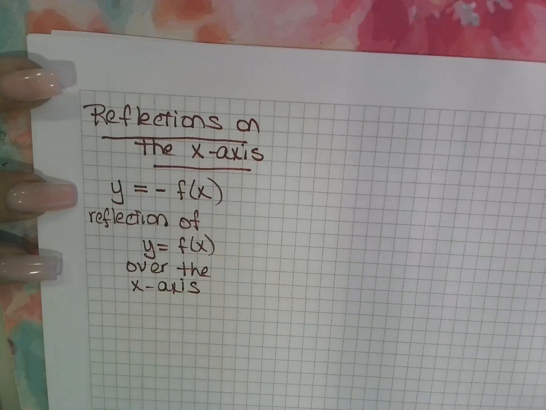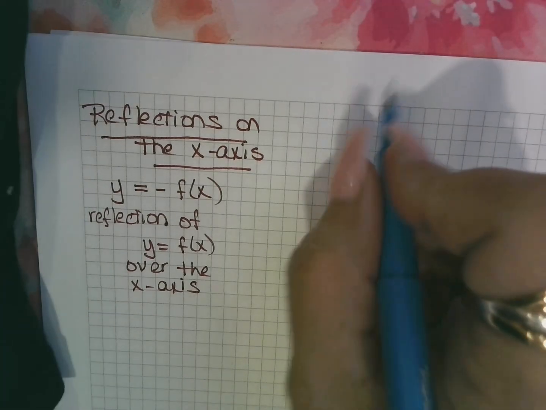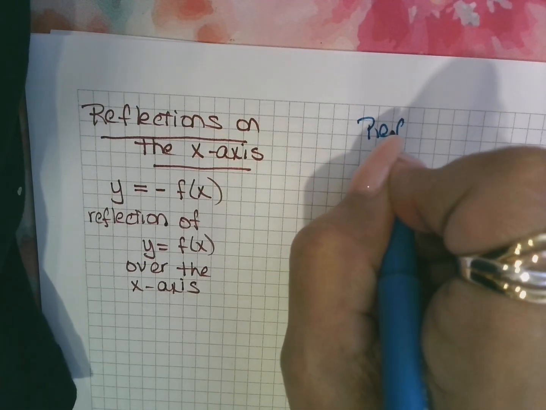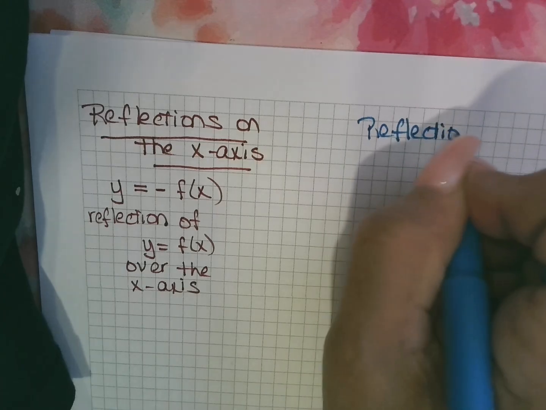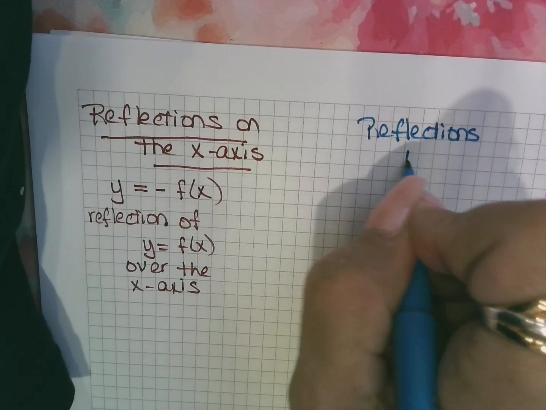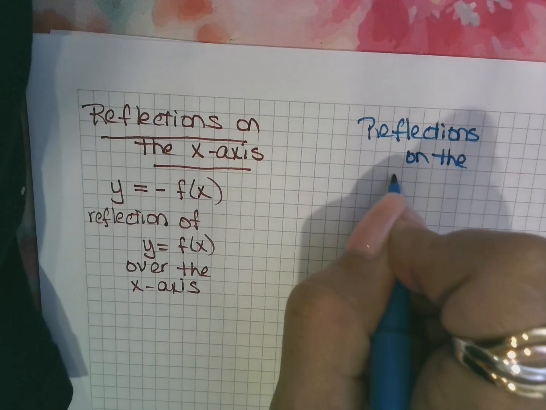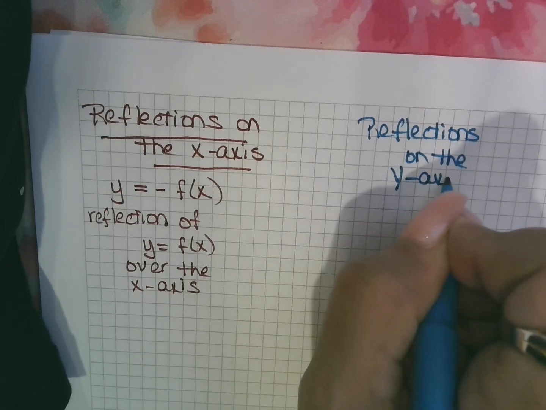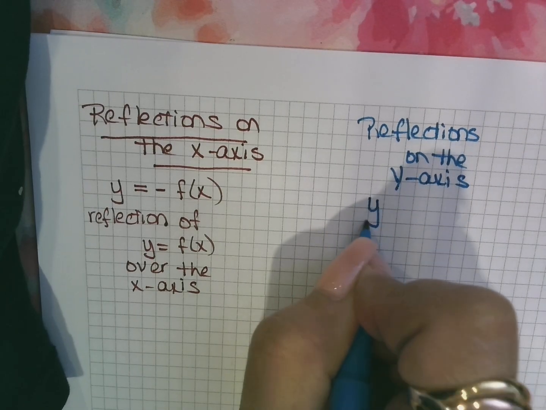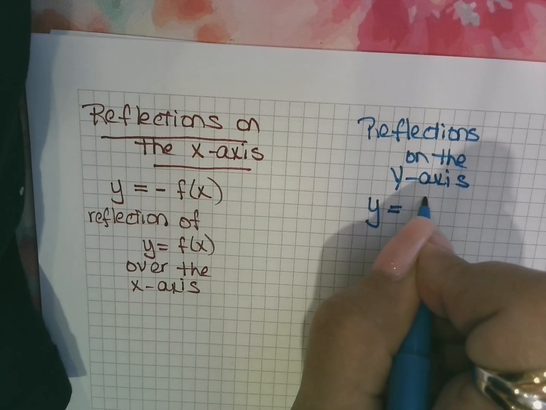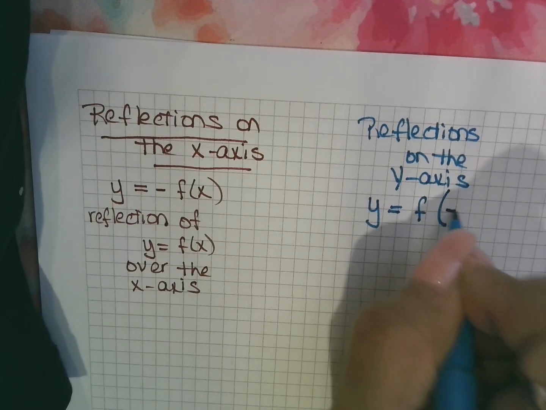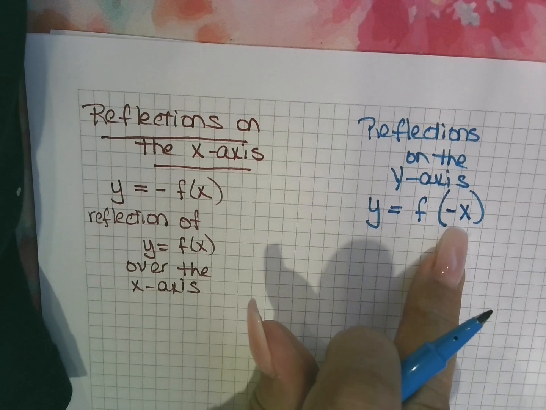All right? When you see it like this, this would be reflections on the y-axis. Your minus sign is inside the function. Okay?